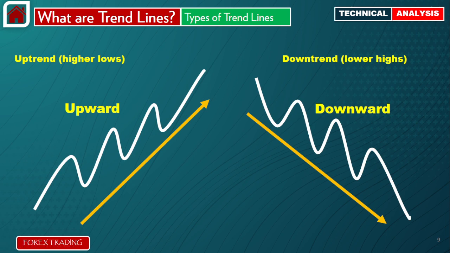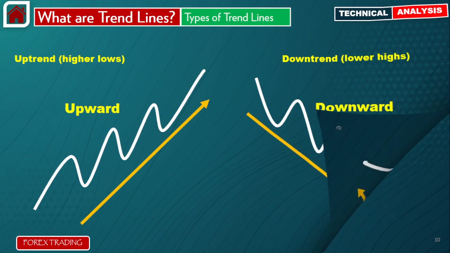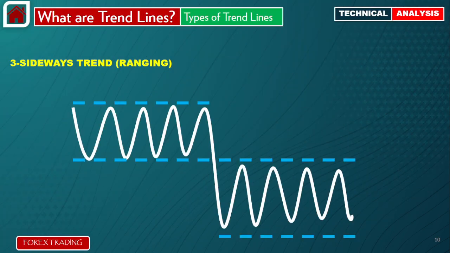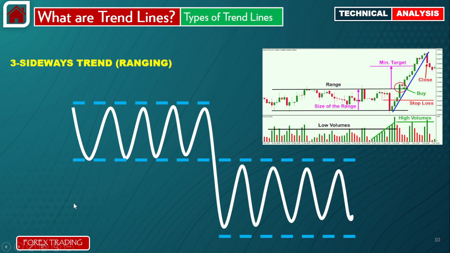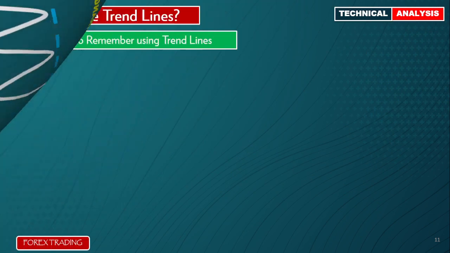This is how we can identify upward and downward trend lines. In the same way, we have sideways, where the market is ranging between two price points, high and low. You can see this is one level and this is another level, and from here the price breaks the lower level and goes into the next level and makes another ranging price over here. You can see on the actual chart how it looks.